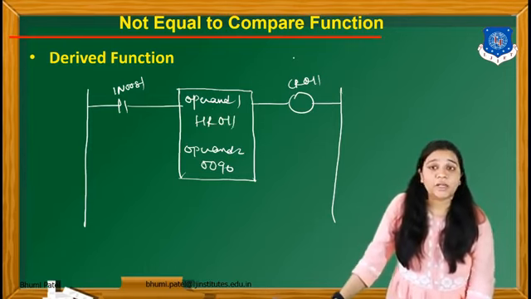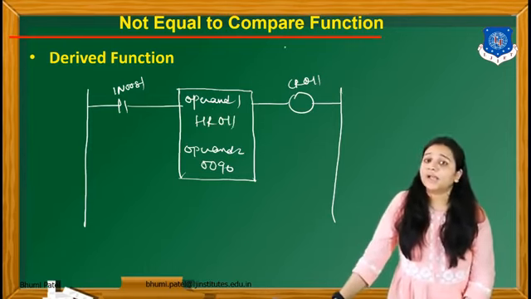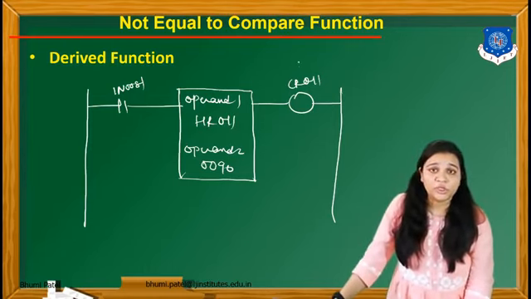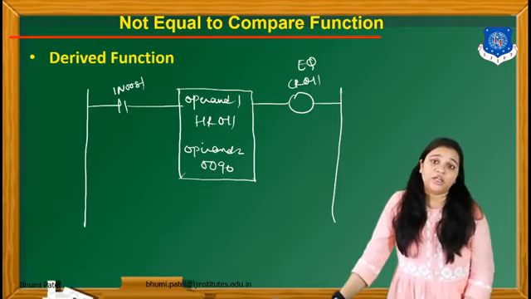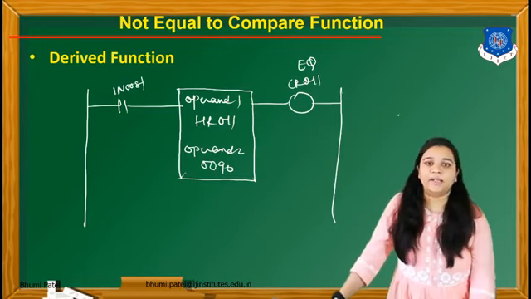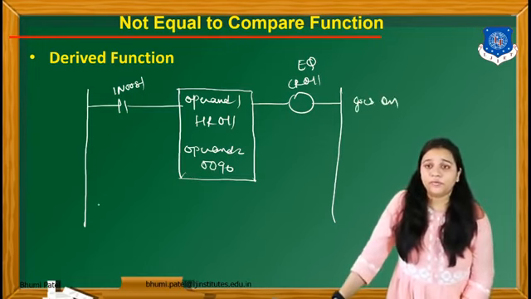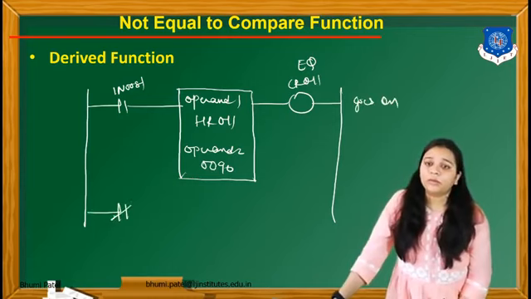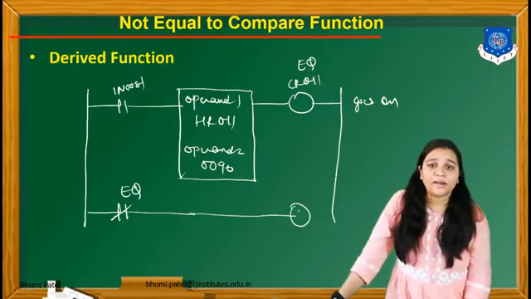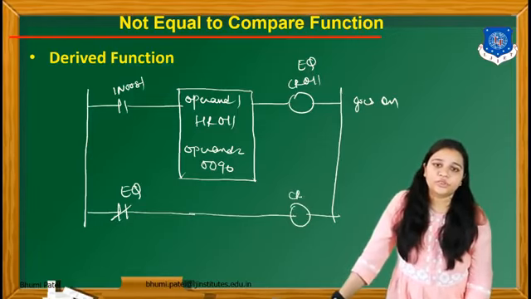Using the equal to function, we derive the not equal to compare function. Here we write the command for the equal to function. If both numbers are equal, my output goes on. If both numbers are not equal, my second rung output goes on.